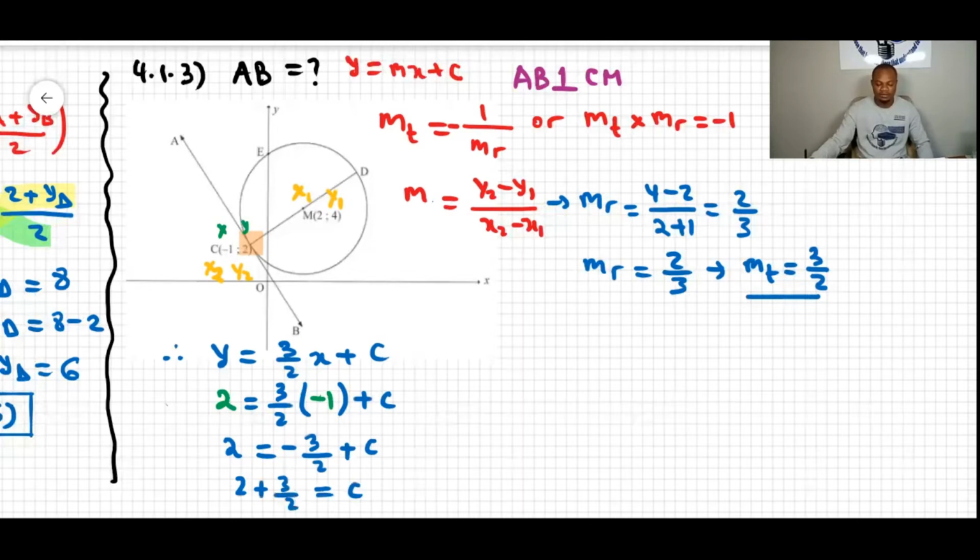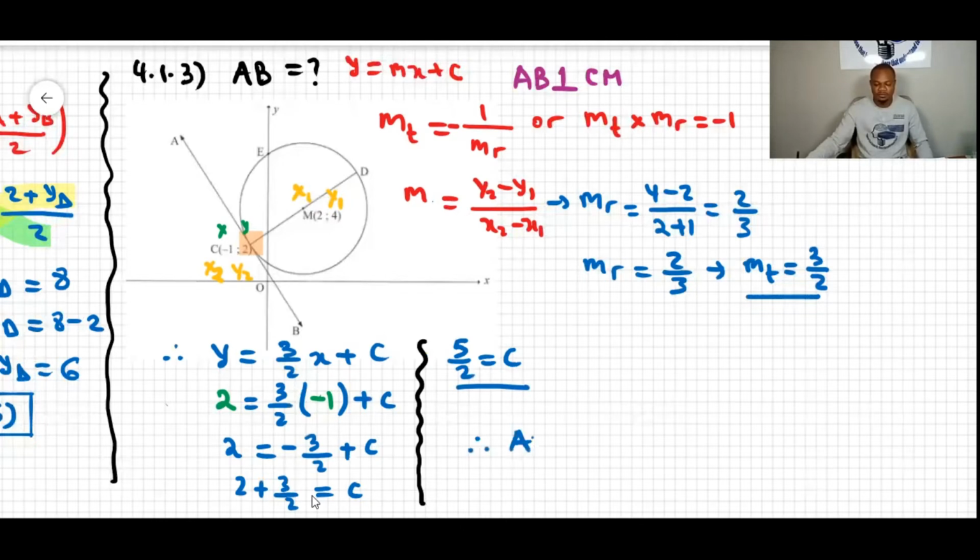Then we can work out that 2 plus 3/2 is equal to 5/2, so c is equal to 5/2. Now we can find the equation of the line AB.